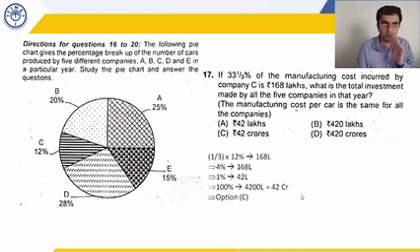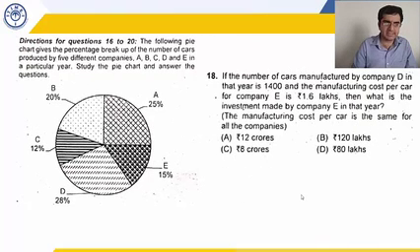And that is 42 crores. 42 CR. Option number C. Slightly more tricky, but still, just few steps. And the next, take 30 seconds.